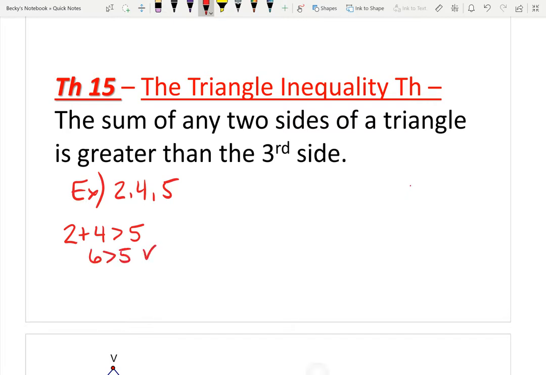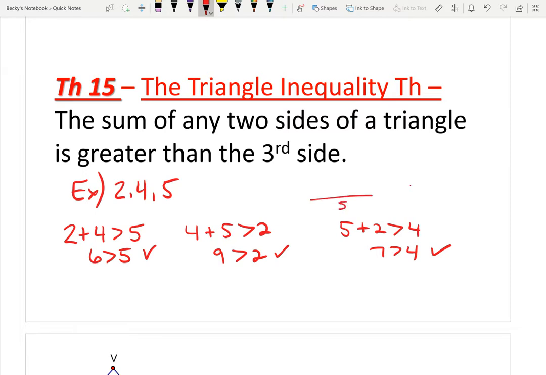Now this has to work for all three sets, so we're going to keep rotating the numbers to show it works for everything. Yes, it works. Let's rotate the numbers again. 5 plus 2, is that greater than 4? Yes. So if you had, you pick the unit, a length of 5 units, a length of 4 units, and a length, I know that's not to scale, of 2 units, would it actually form a triangle? And the answer is yes.